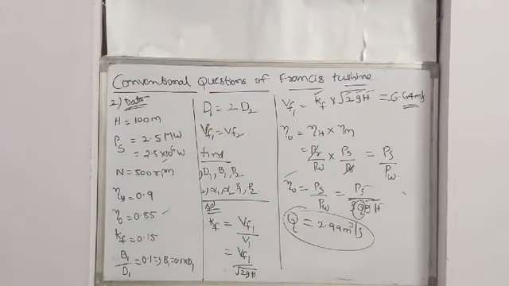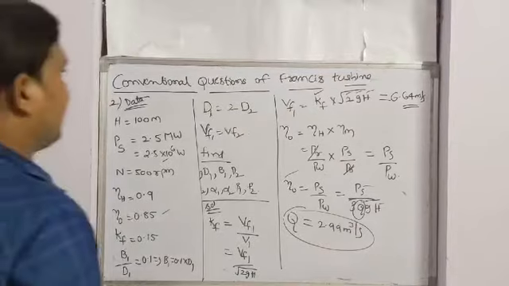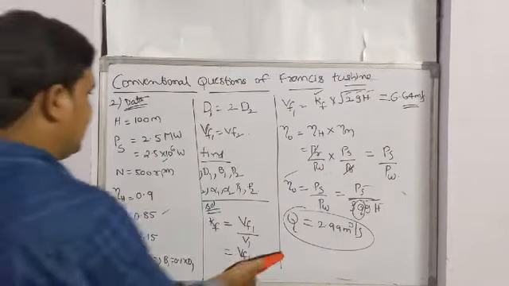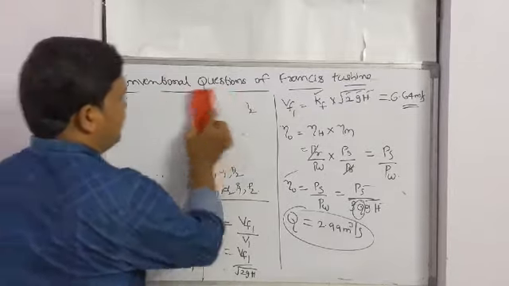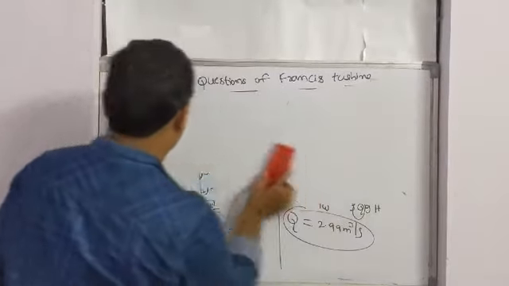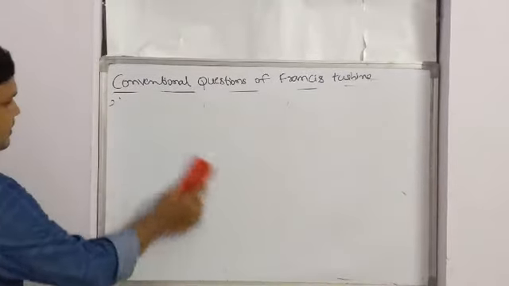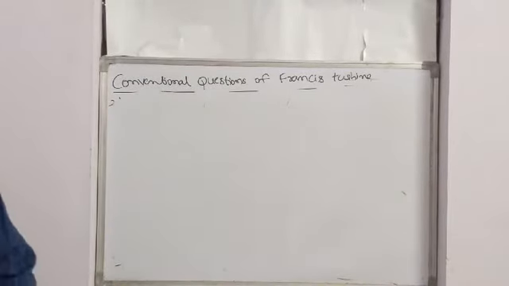Still we haven't completed the main dimensions. We should find out all these parameters, then we will go for the right path of the problem. We know that Q is equal to pi d1 b1 Vf1, that is, Q is equal to area into velocity.